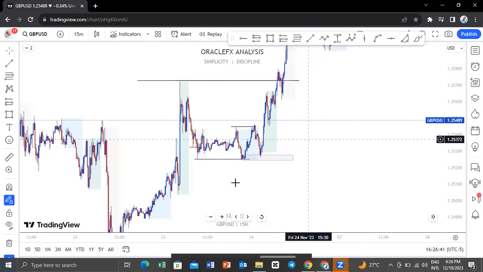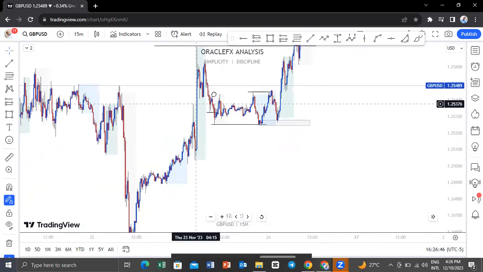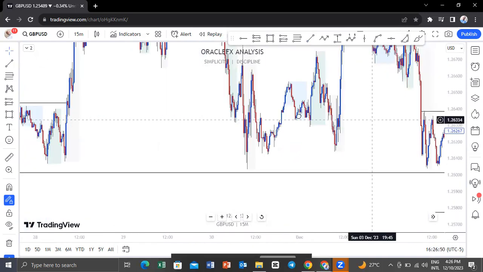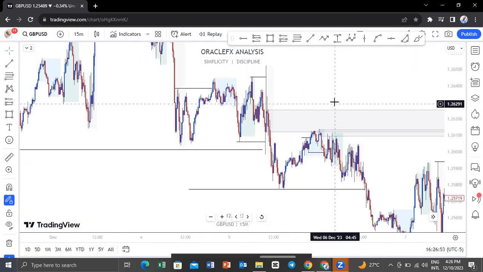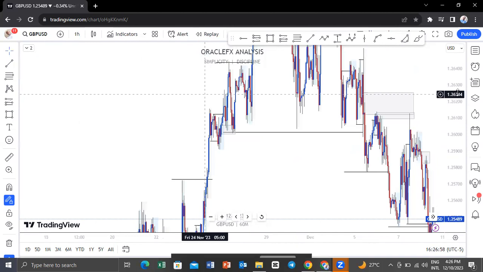So after that, you can see it, expansion to the upside. This is very, very simple. There's nothing technical here. So using this, like I said, we are able to predict the next expansion leg.